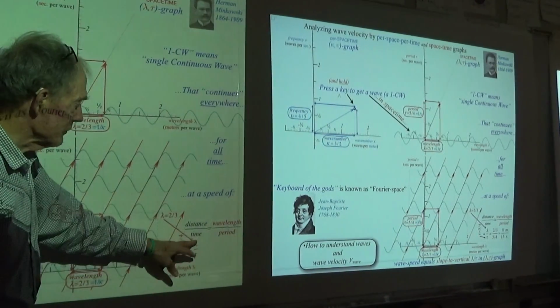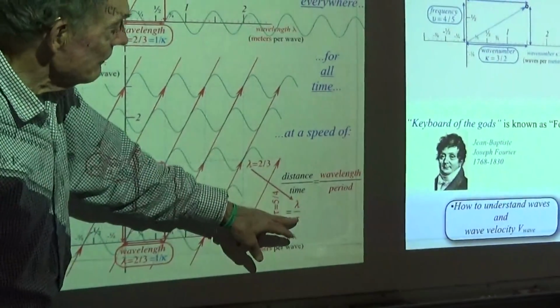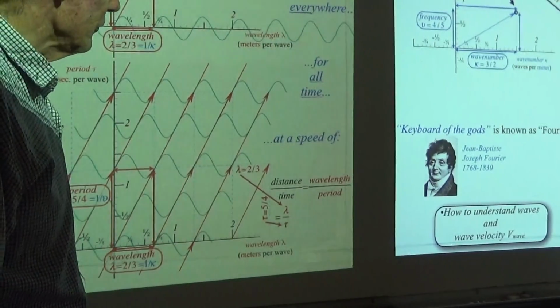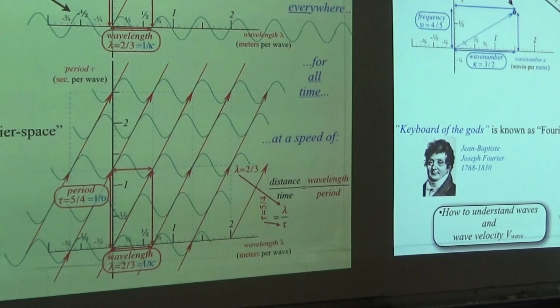It's just x over t, but lambda is the x of the wave, and this is the time of the wave. Okay, so that ratio right there, distance over time, wavelength over period, easy to remember, but should be in the deepest core of your relativity part of your brain.